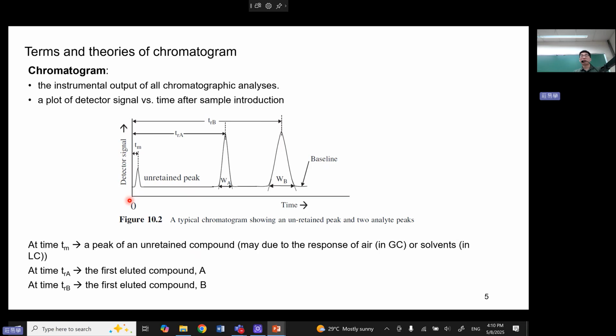Okay, if we take a closer look at this chromatogram, at time Tm we see a peak of unretained compounds, which may be due to the response of air in gas chromatography or solvent in the case of liquid chromatography.